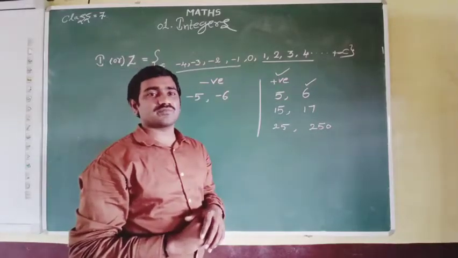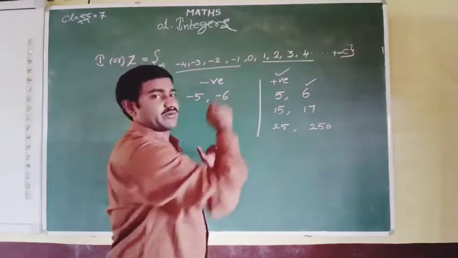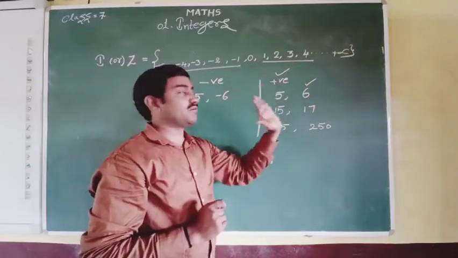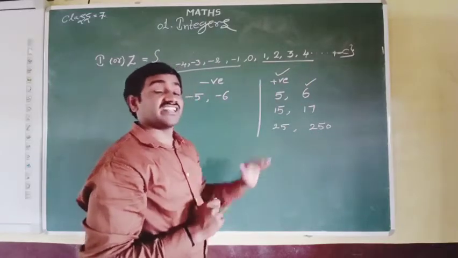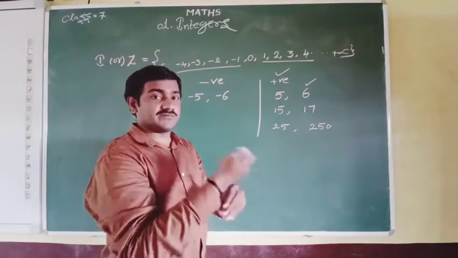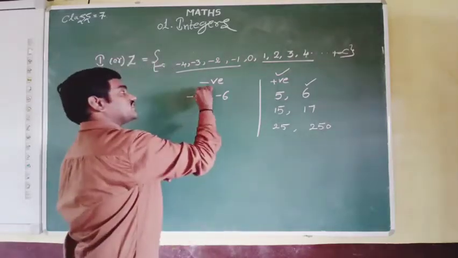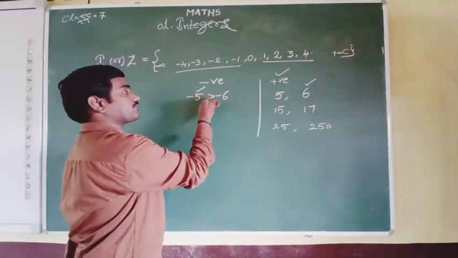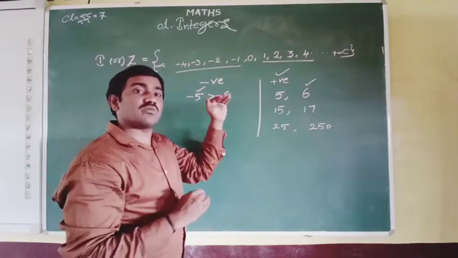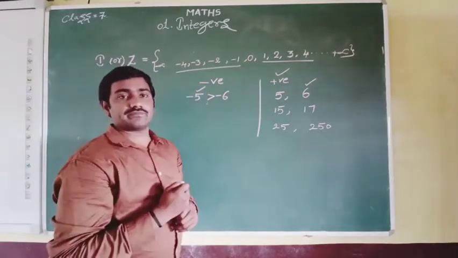Normally you may say minus 6 is the greater because 6 is the big number. But in the case of positive numbers, 6 is the greater number, 5 is the smaller number. In the case of negative numbers, it is different. It will be the reciprocal of this. So here minus 5 is greater than minus 6. Minus 6 is a smaller value than minus 5.